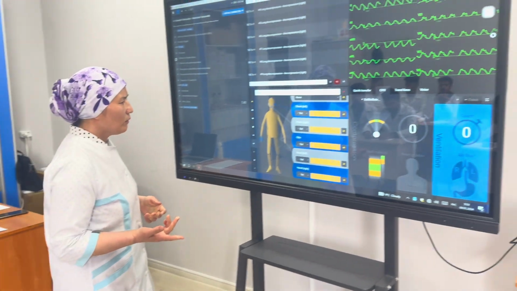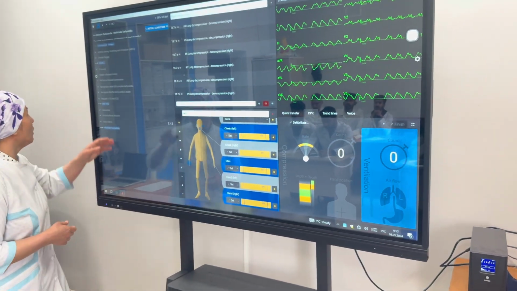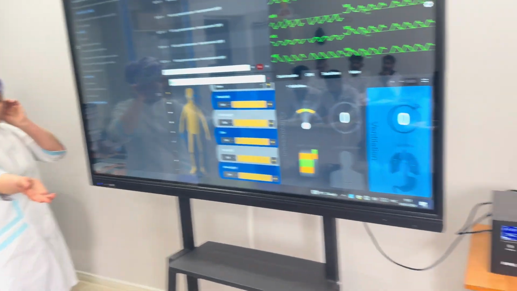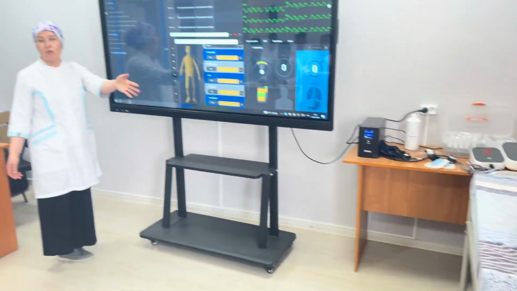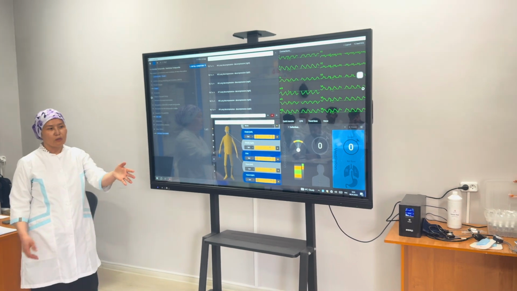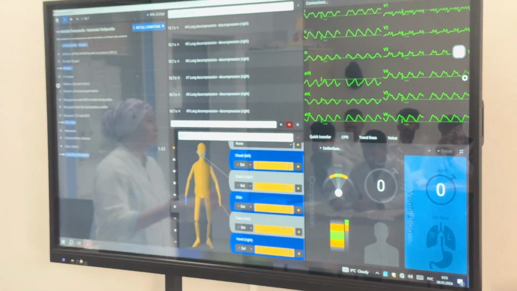Now we also have a method which helps students to remember signs and symptoms during examination of a patient. One of these methods is the interactive method we are using here now. It's Leonardo, which we use for identifying which symptoms and which signs.